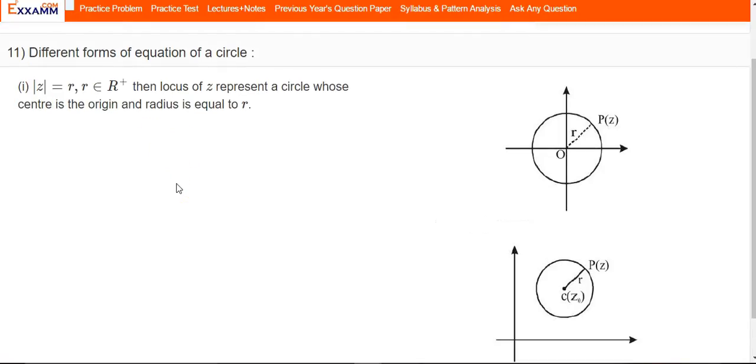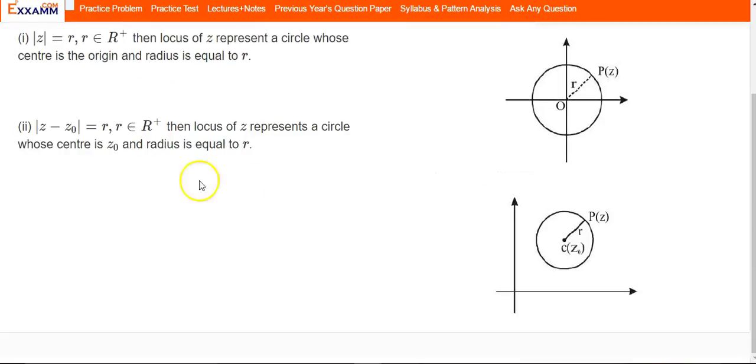Now the second equation is modulus of z minus z0 is equal to r. In this case consider a circle whose center is z0, and any point on the circle is z. Then this distance PC is equal to modulus of z minus z0, and it is constant for all values of z around the circle.